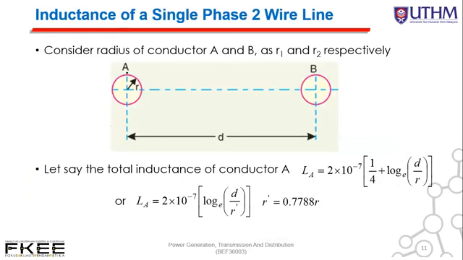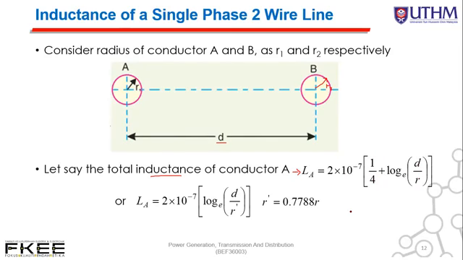So let's consider the radius of conductors A and B as R1 and R2 respectively. The radius of conductor A is R1 and the radius of conductor B is R2, and the distance between A and B we call D. Let's say the total inductance of conductor A is 2 times 10 to the power of minus 7 times (1 over 4 plus log exponent D over R).